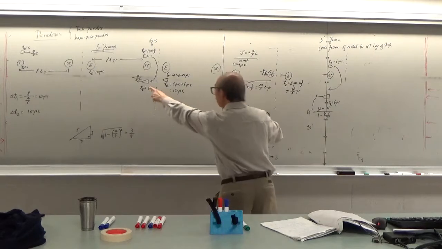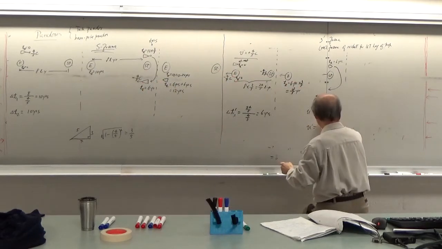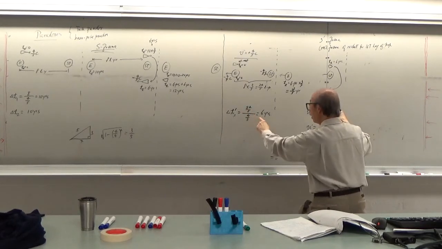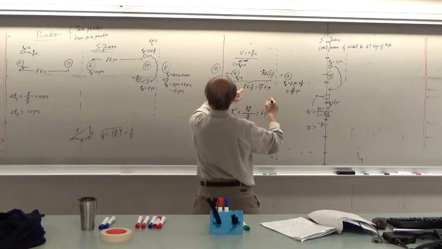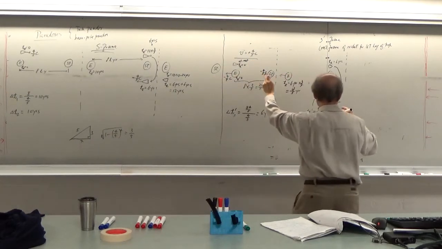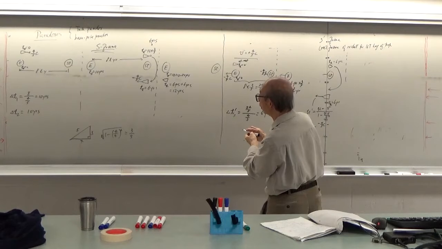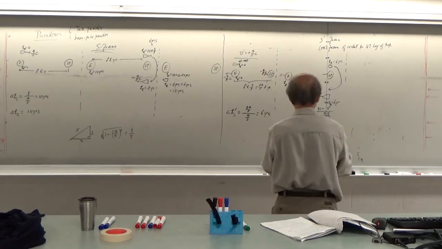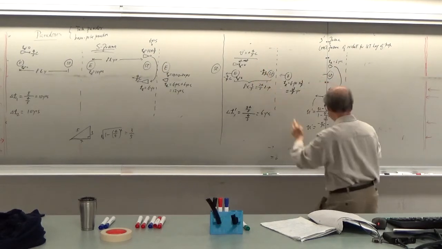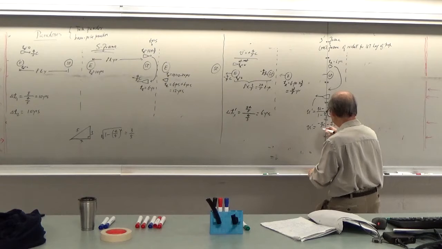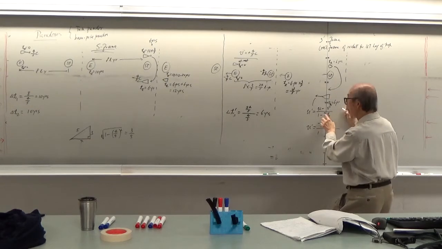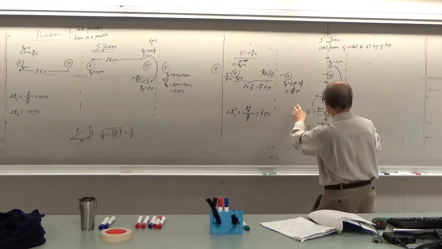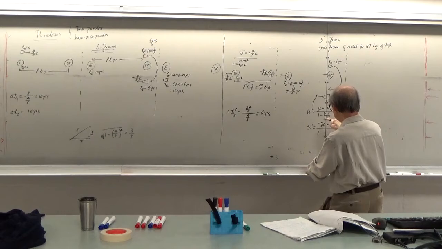So U is minus 4/5 speed of light, minus V. V is 4/5 speed of light also. So minus another 4/5. Since U is negative, minus this, and V is this, so minus is plus 4/5 squared.